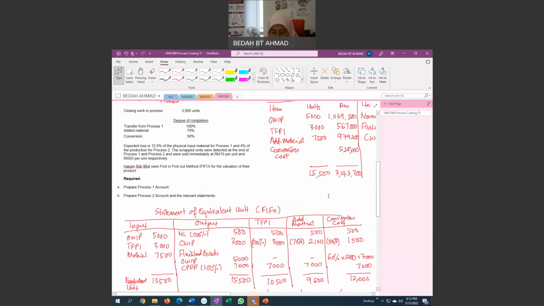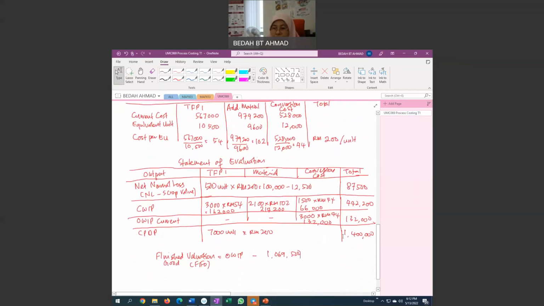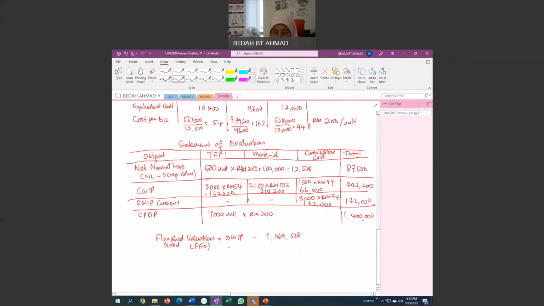Plus the opening work in progress current, which is 132,000, plus the completed production during the period, which is 1.4 million.